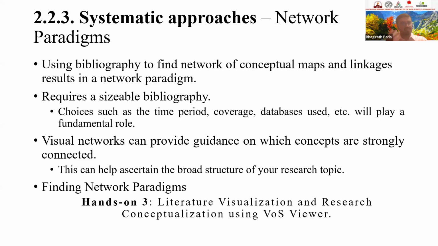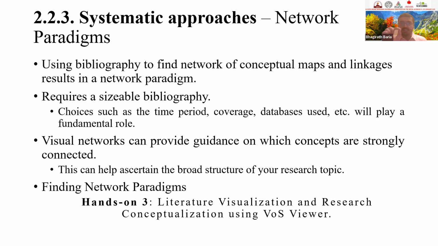Don't worry. You just get the bibliographic data, and this VOS Viewer will frame the whole network of literature in terms of the key concepts, keywords rather, if not concepts. It will show you the density of each word and how they are linked with other concepts. So what does that do?